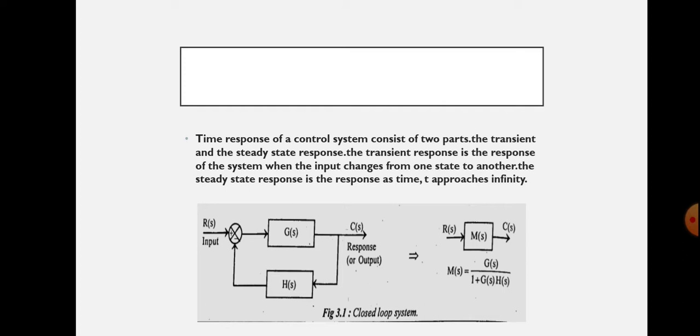That means there is no change in the input, so we will get the response which is not changing. So it is called a steady state response, and the transient response is the response of the system when the input changes from one state to another.